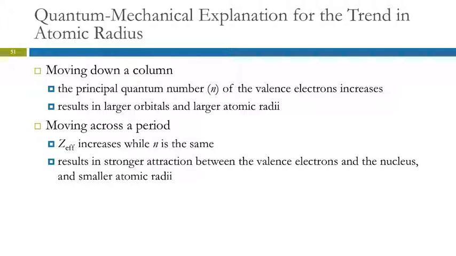It's increasing as you go across because the number of core electrons is staying the same, but the number of protons in the nucleus is increasing. So you've got a higher effective nuclear charge. That's going to pull those valence electrons in. You get stronger attraction between the valence electrons and the nucleus, so they're going to pull in closer. As you go across, it's going to gradually get smaller and smaller. And that's why neon is smaller than lithium.